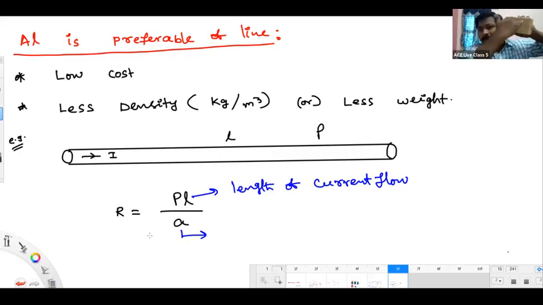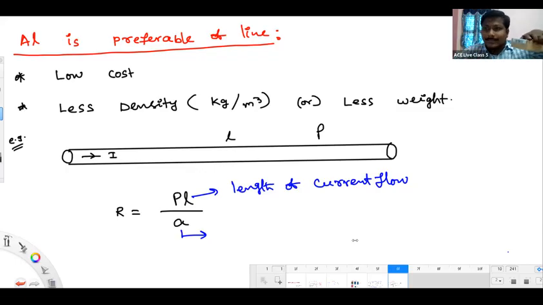Yes or no? Because current is flowing in this particular direction. Same conductor, now current is flowing in this other direction. What area we have to consider now? Is it the same area or different area? Definitely it's a different area. Different area means this area we have to consider now.